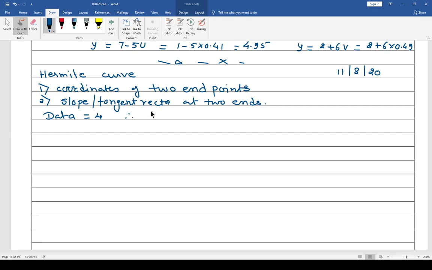So therefore we can get a max third order polynomial.